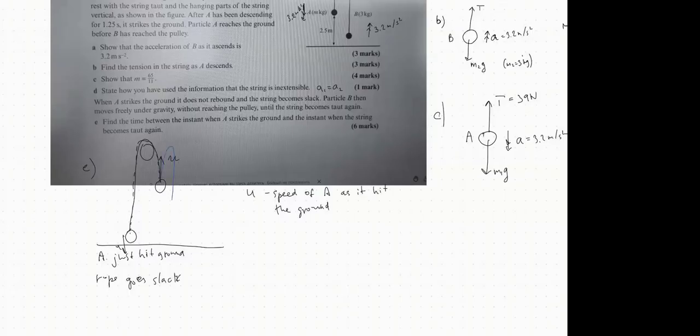And when B reaches the point where it started, the rope becomes taut again.